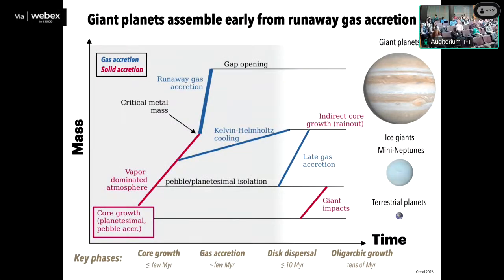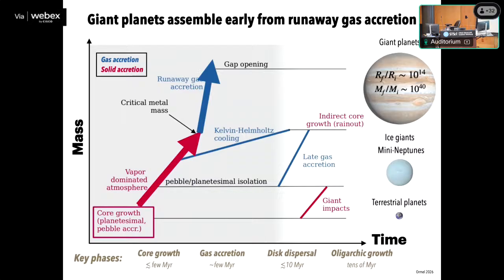OK. So giant planets form from, this is planet mass here as a function of time. And this diagram attempts to synthesize a huge number of very complicated processes that I'm going to ignore right now. But let me just say, if we're looking at the giant planet regime, there are 2 dominant processes.